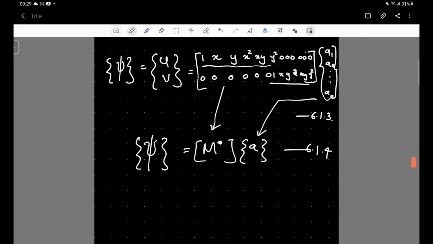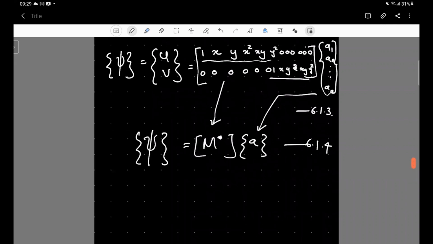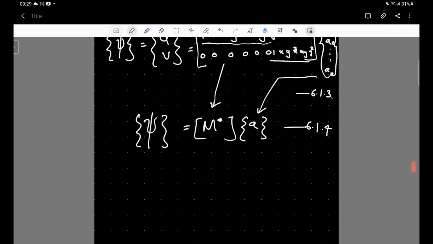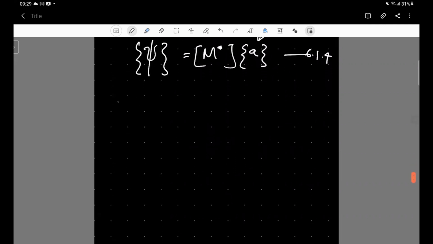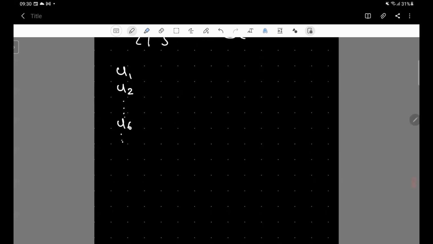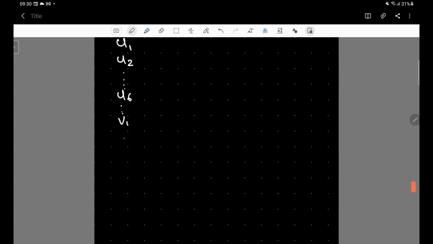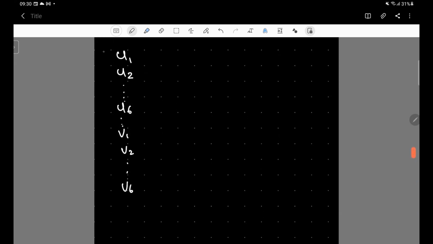If we substitute the coordinate values in equation 6.1.3, what we would get is 12 defined displacement functions, from u1, u2 up to u6, and from v1, v2 up to v6.